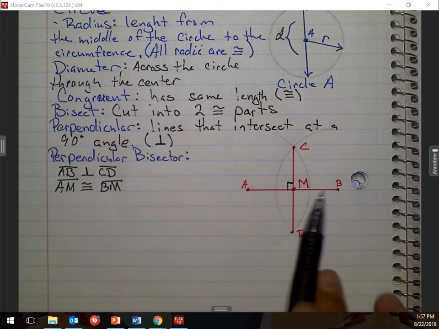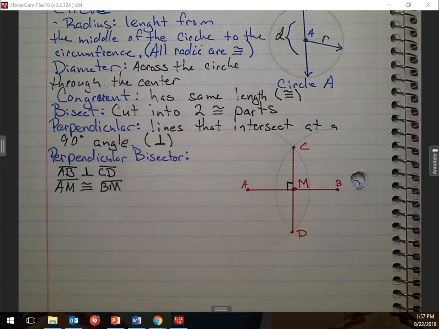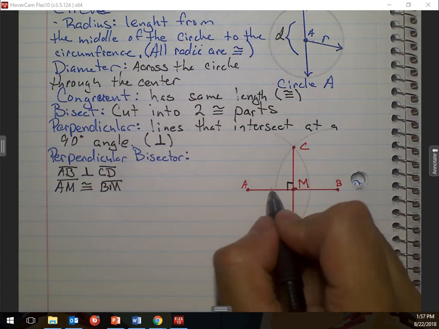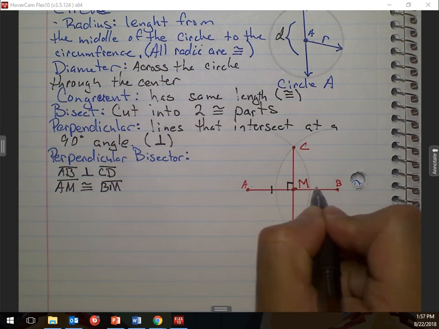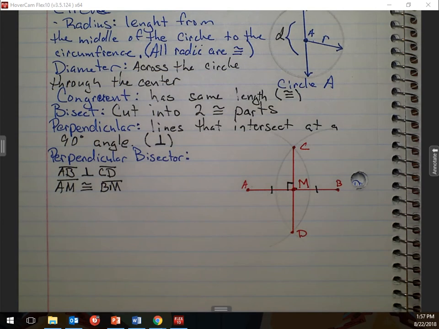That brings up a good point. MB or BM is still referring to the same part. So I'm going to label that with these tick marks. Now, does that make sense? Yes, sir. If we're cutting a sandwich, those pieces better be equal, right? I'm going to bisect that sandwich, unless he put only $3 and I had to put in 7. I'm going to take more than he got.